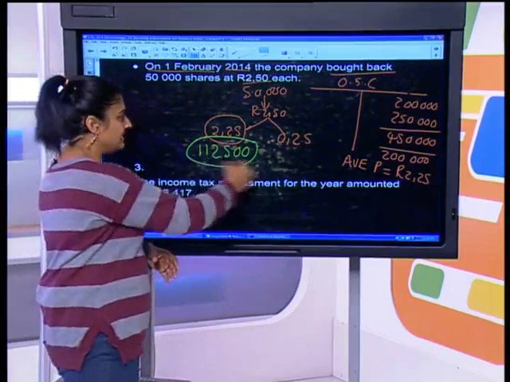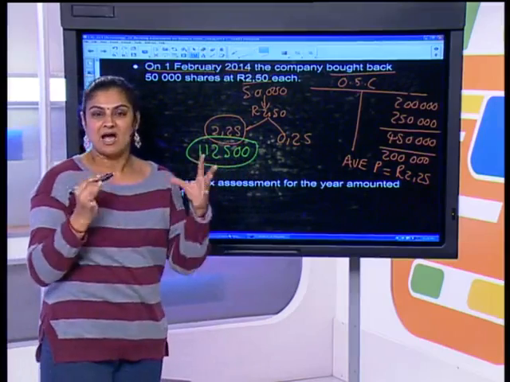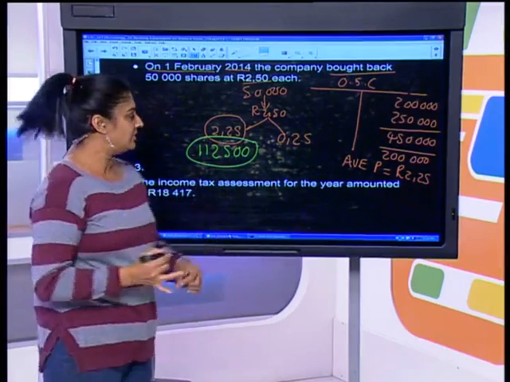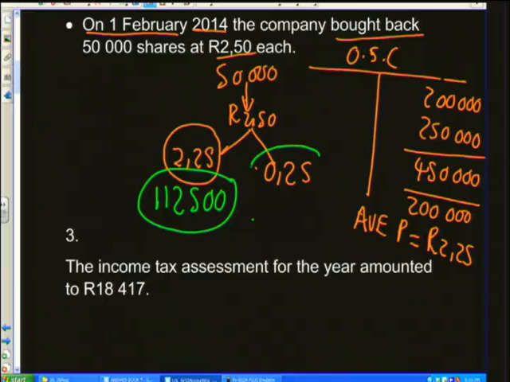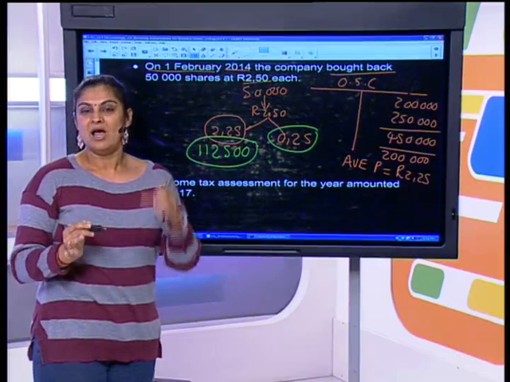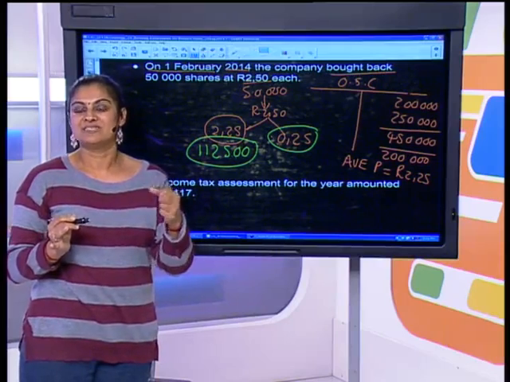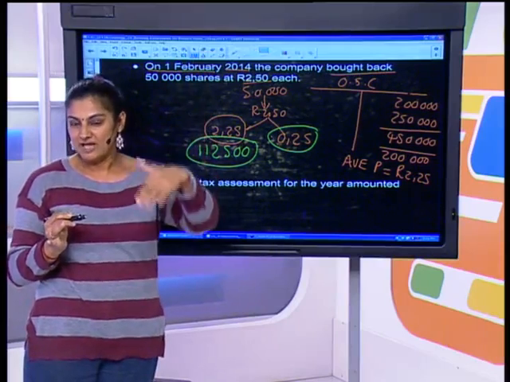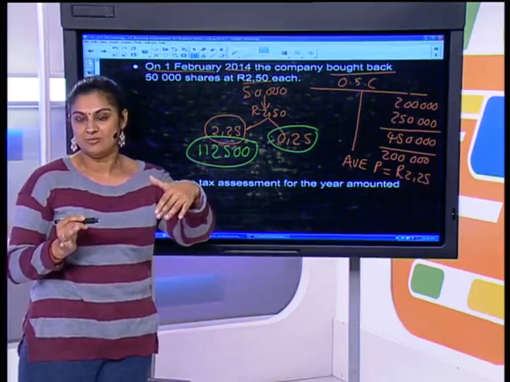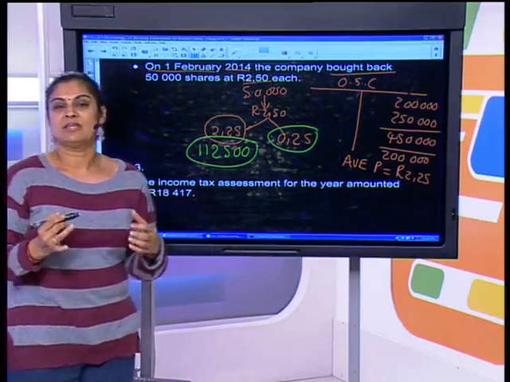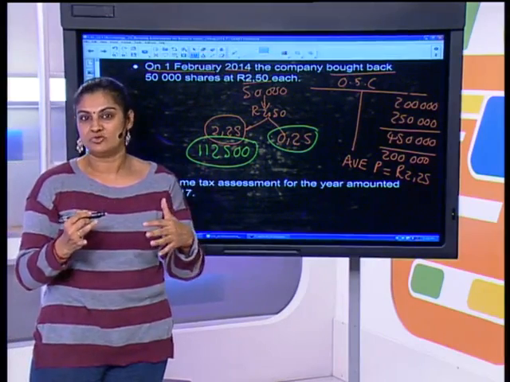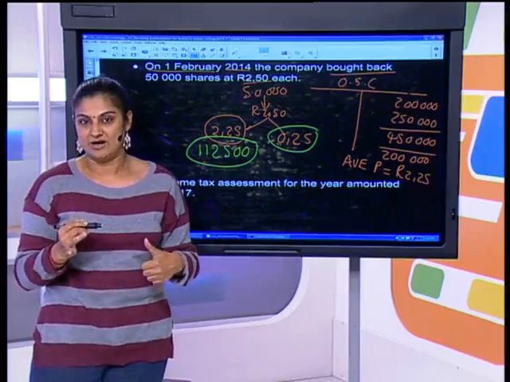So when I'm dealing with this particular adjustment, and I know that a certain part of it, in this case the 25 cents, deals with retained income, I'm going to deal with that immediately. I'm not going to wait until I get to the question on retained income. That is why it's so important that you read your entire question first before you start answering.